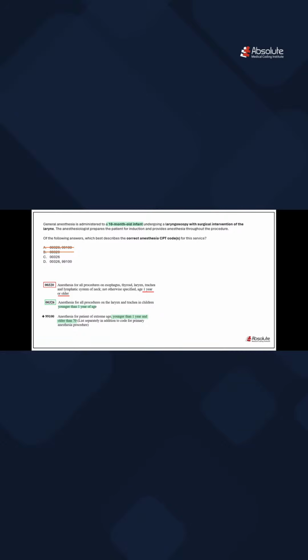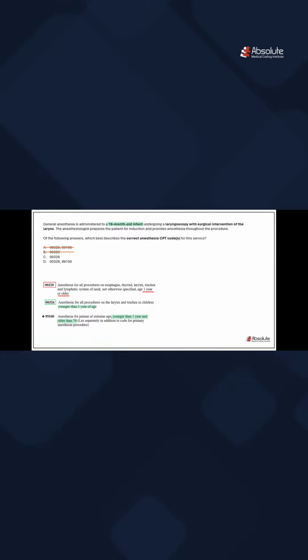Both are coding for the same CPT, and the only thing which is additional in option D is that it has an add-on code 99100. That is for anesthesia for patients of extreme age, younger than 1 year and older than 70 years. Okay, so this is a qualifying circumstance. So my question is, do we have to code this along with the anesthesia CPT in our scenario?